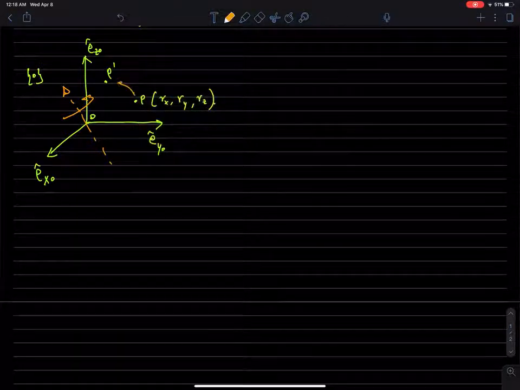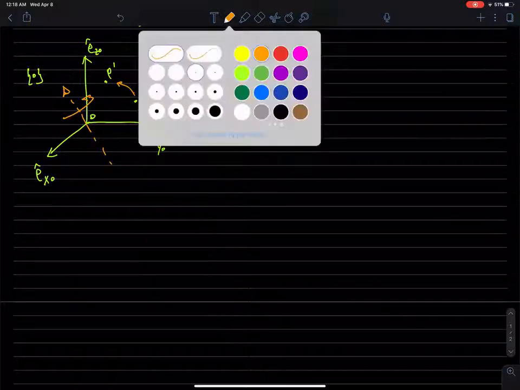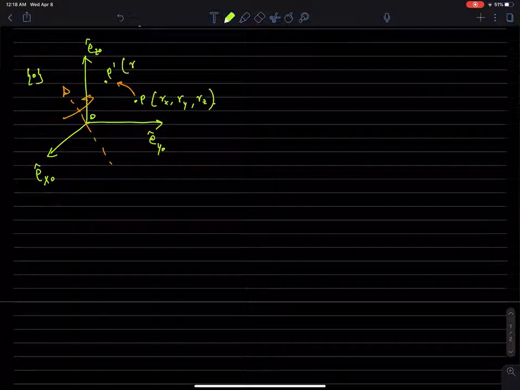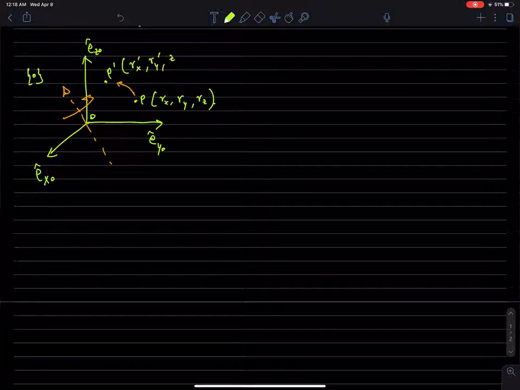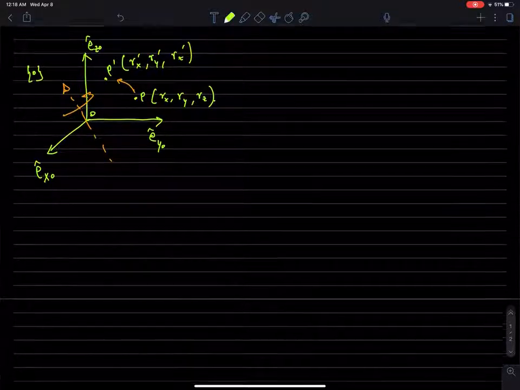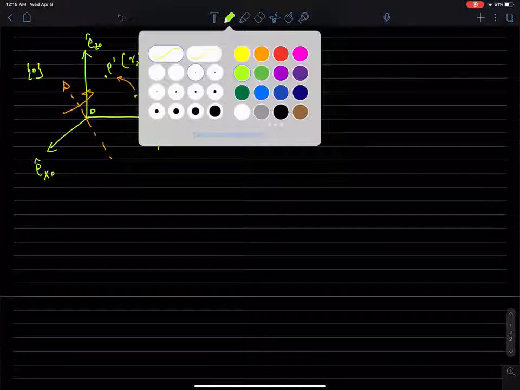So point P goes to P dash, and P dash has coordinates, let's say Rx dash, Ry dash, Rz dash in the same frame, okay? So let's write that down.